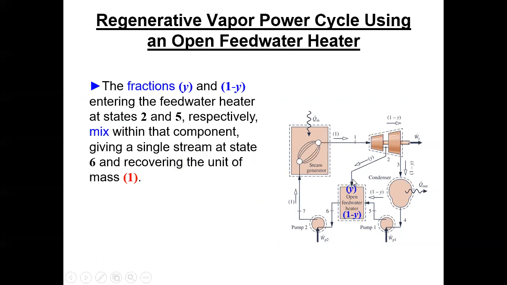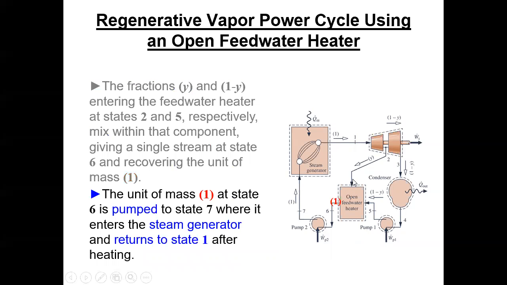Okay, the fractions y and 1 minus y entering the feedwater heater at states 2 and 5 respectively mix within that component, giving a single stream at state 6 and recovering the unit of mass to 1. So algebraically, you add them together and they turn back into 1. Bingo.